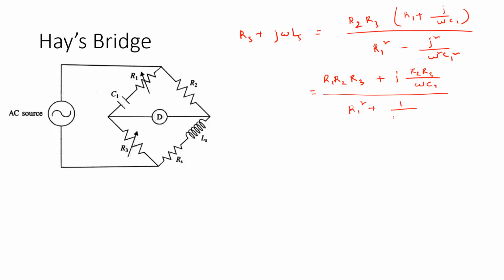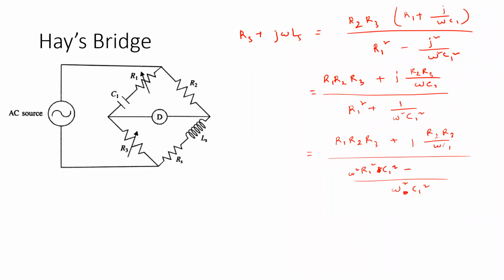The j square can be easily replaced with -1, and now both the numerator and the denominator can be multiplied with omega square into c1 square.